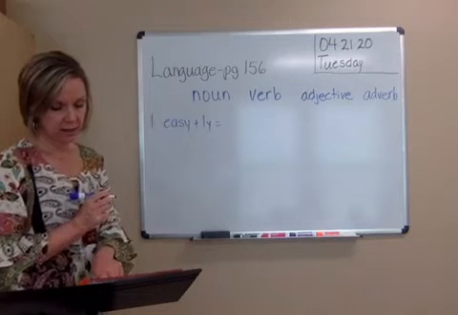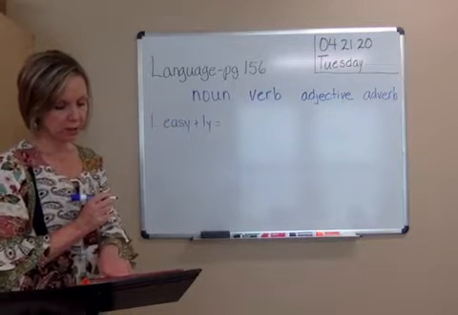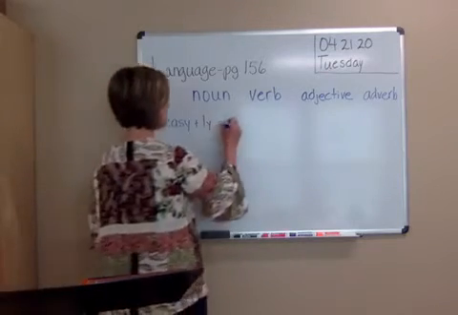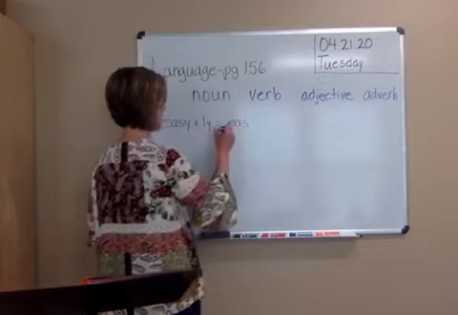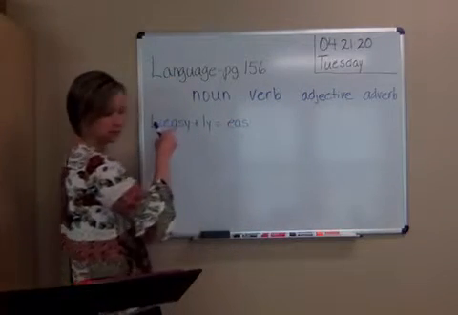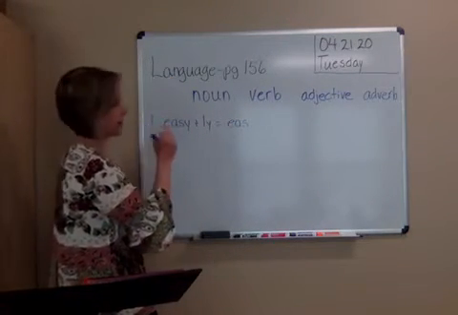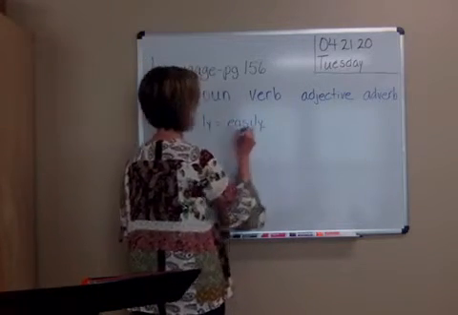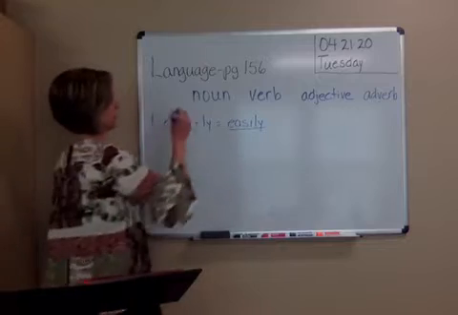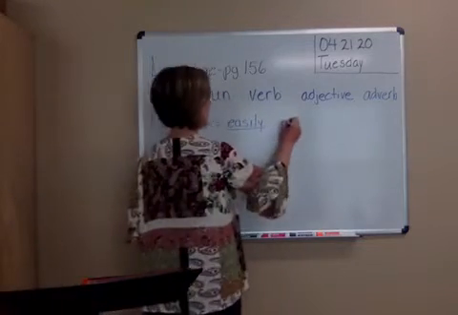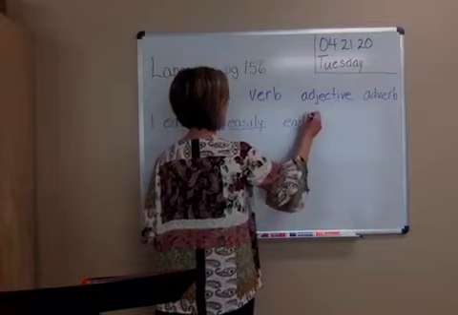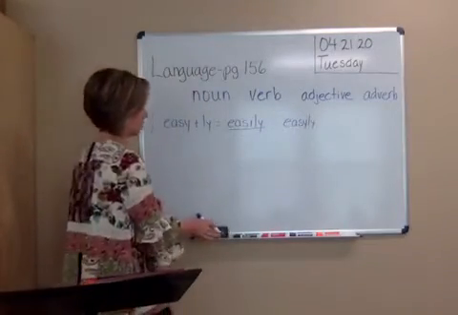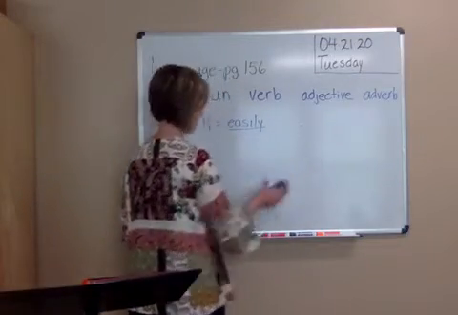It just said, if a root word ends in y, change the y to i before adding ly. So E-A-S, what? I, yes, I-L-Y, easily. Just for fun, you would have E-A-S-Y-L-Y, easily, okay? So make sure we're changing that y to i.